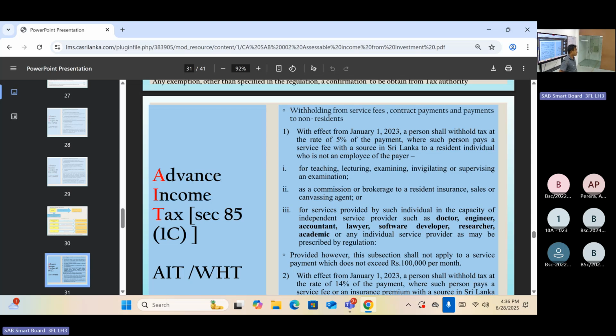What's the definition of person? Individual? Entity? Individual entity.